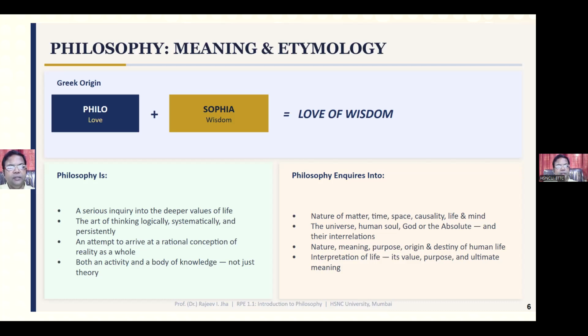In Hindi literature, when Kabir writes his dohas, his two-line couplets that pierce through orthodoxy to reveal the absurdity of ritual without inner understanding, he is doing philosophy. The love of wisdom is alive in every discipline that dares to question itself.